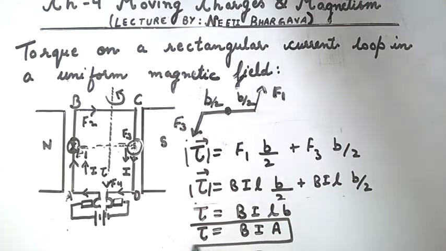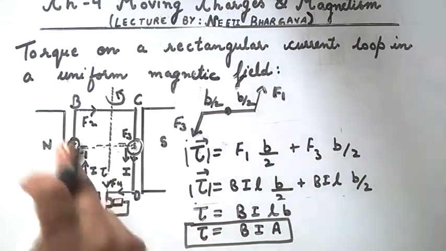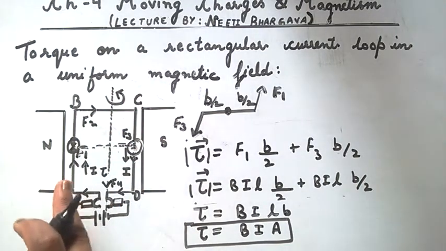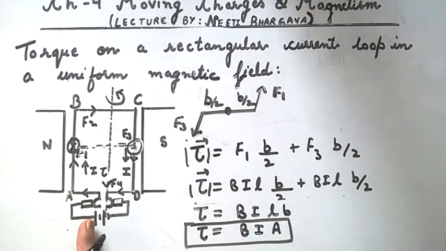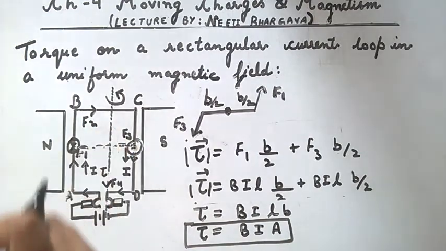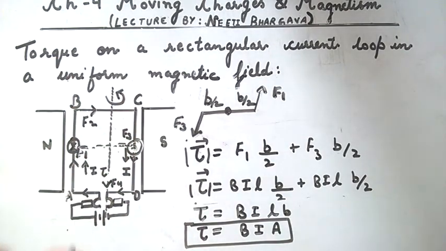This is the value of the torque exerted on this rectangular coil when the current is flowing in the anti-clockwise direction. When the current flows in the clockwise direction, the torque will act in the upward direction.